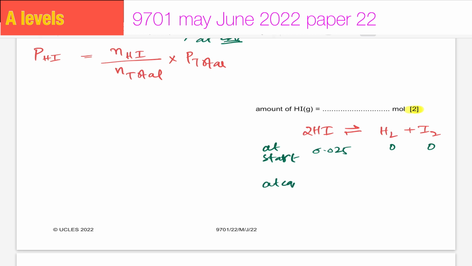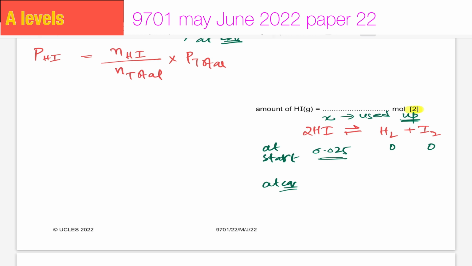And at equilibrium, obviously hydrogen iodide is converting into hydrogen and iodine, so the moles of hydrogen iodide will decrease. So at equilibrium, we would have fewer moles of hydrogen iodide as compared to the start. Let's assume that X moles of hydrogen iodide is used up to achieve equilibrium.